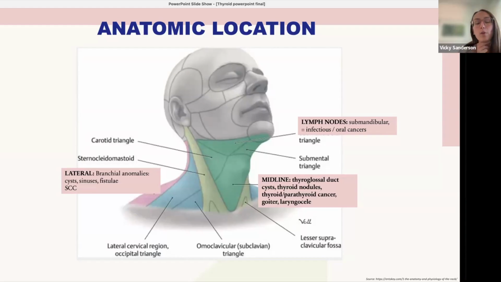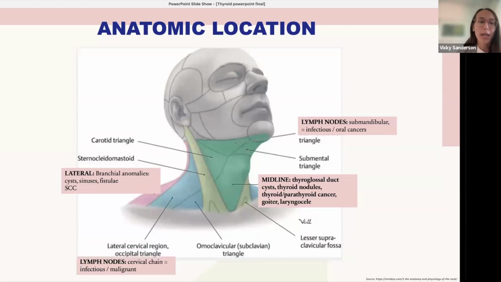So if the lymph nodes are flaring up in that area, if they're acutely swelling and they go away, likely something infectious, whether it's infection of the oral cavity or a dental infection, those can flare up. Or of course, oral cancers. If those lymph nodes are persistent, lasting 4 weeks, 6 weeks, longer than that, then we always have a higher index of suspicion of something more sinister happening with those lymph nodes.